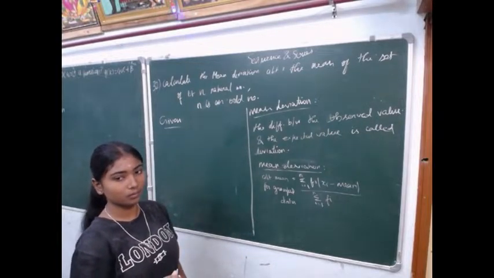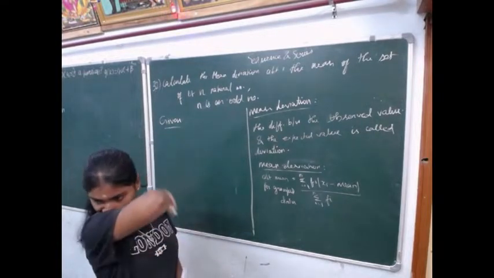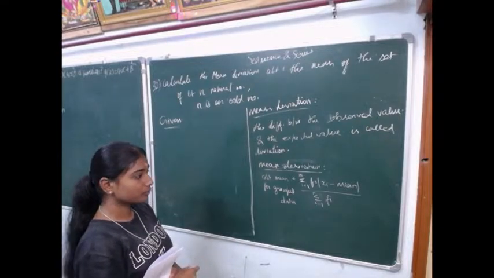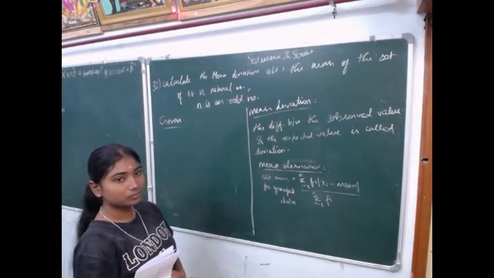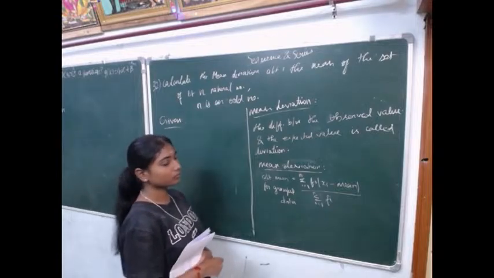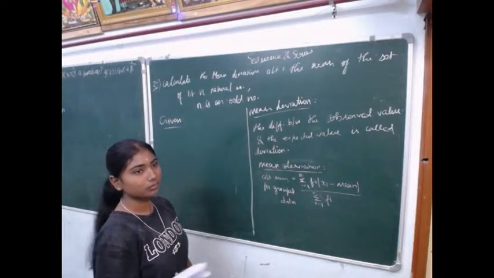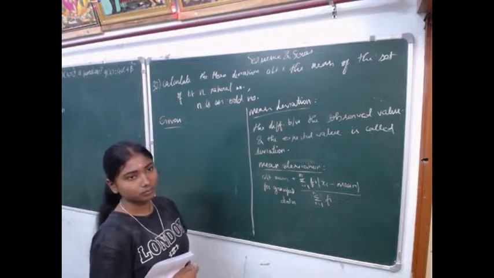Grouped means that there will be some frequency, is it not? So you have to introduce this fi, the frequency, how many times the particular value appears. Xi is the value, minus the mean.